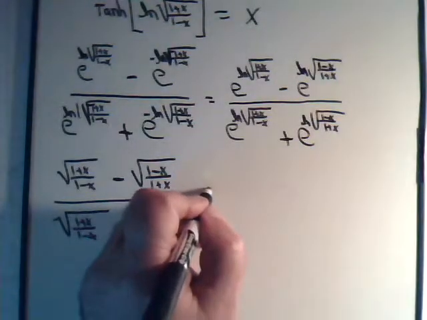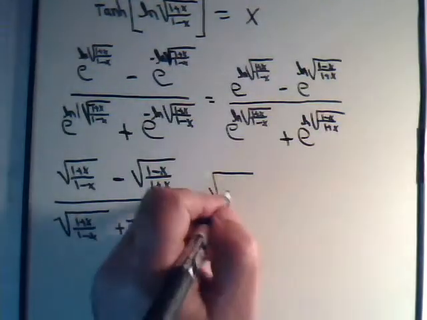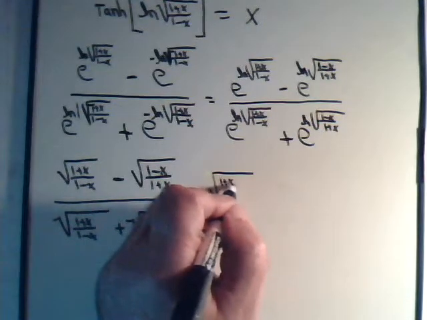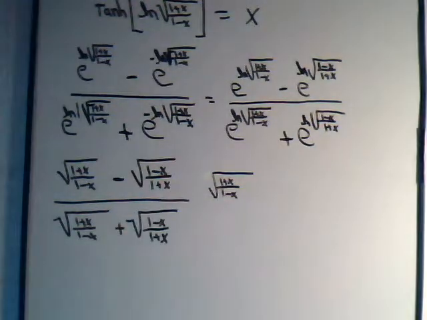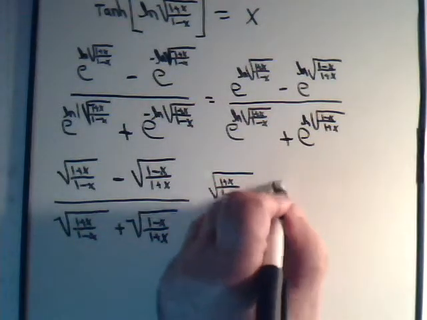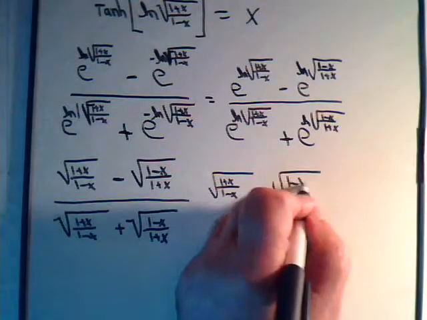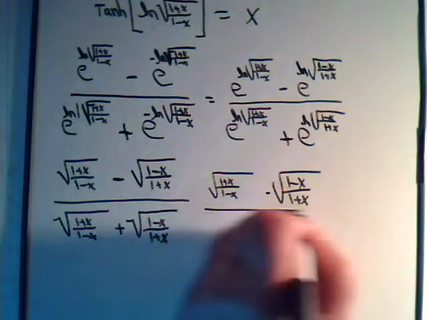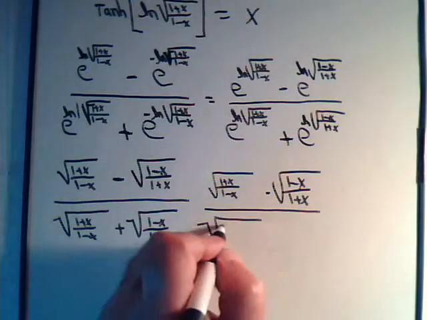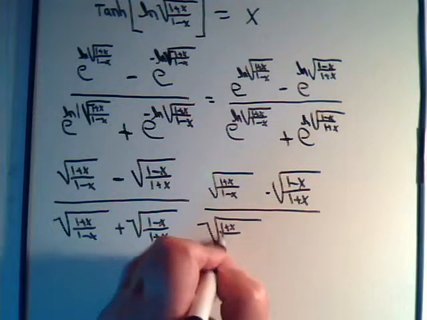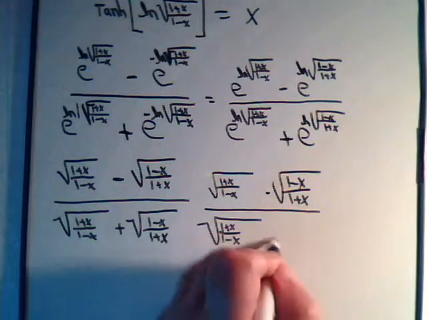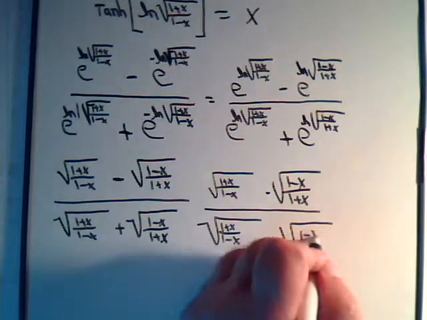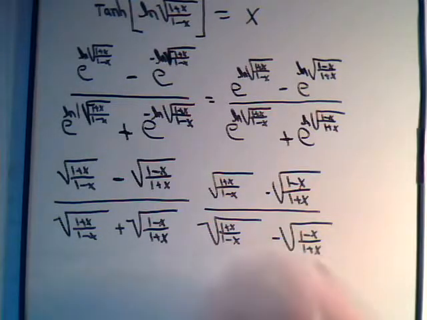So we'll have the square root of 1 plus x divided by 1 minus x, minus the square root of 1 minus x divided by 1 plus x, divided by that same thing. Let's multiply the denominator out first.